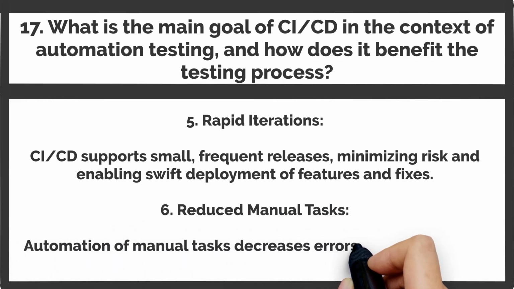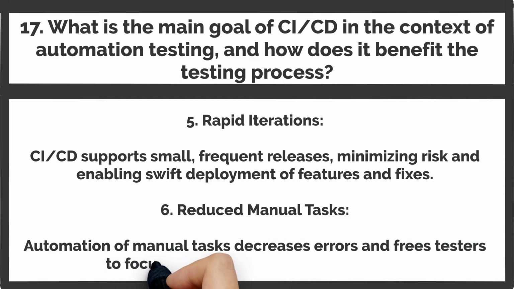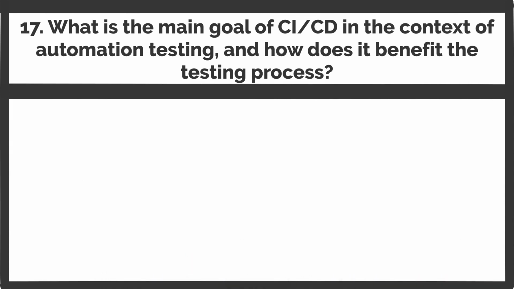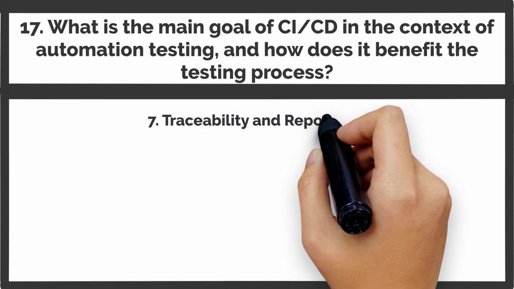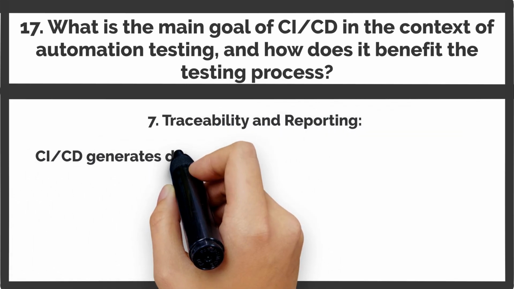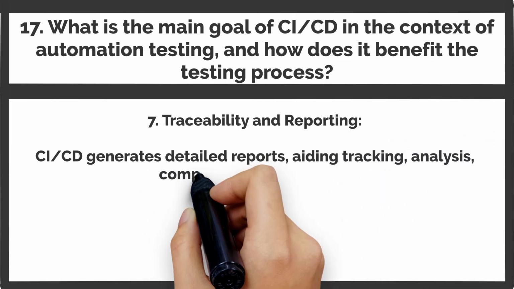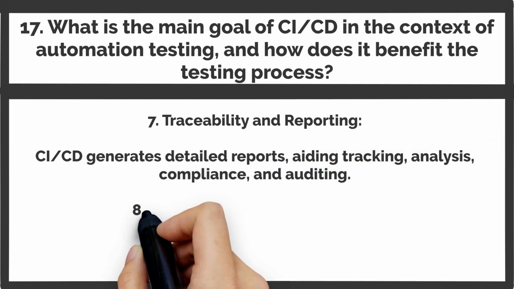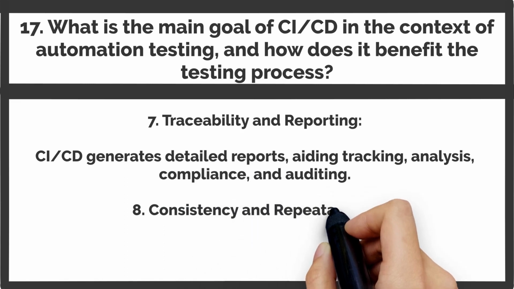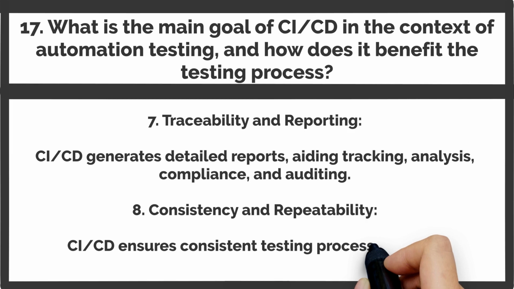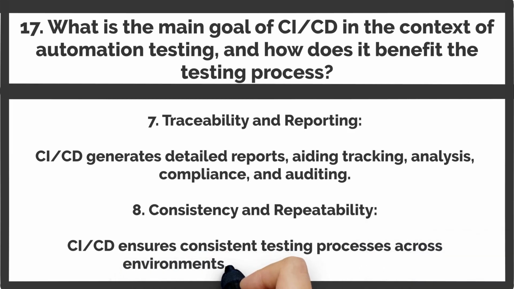Automation of manual tasks decreases errors and frees testers to focus on creating effective test cases. 7. Traceability and reporting. CI/CD generates detailed reports, aiding tracking, analysis, compliance, and auditing. 8. Consistency and repeatability. CI/CD ensures consistent testing processes across environments, enhancing reliability.